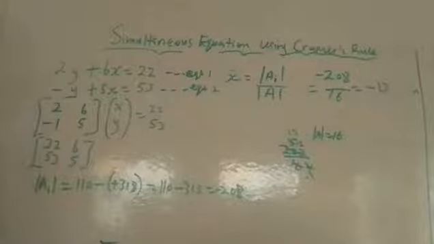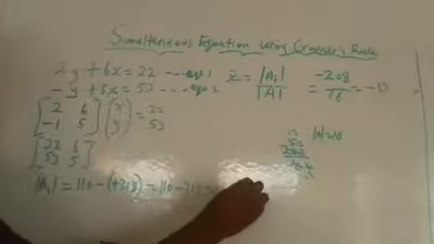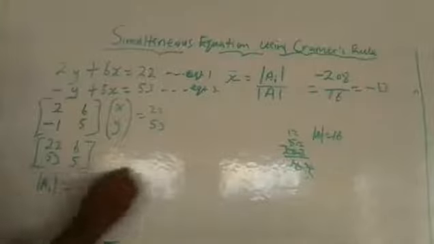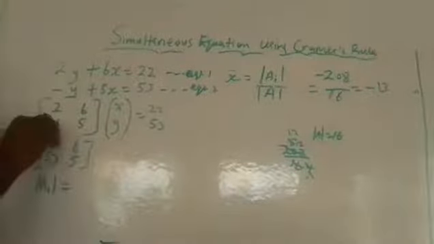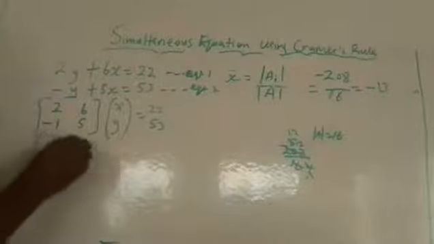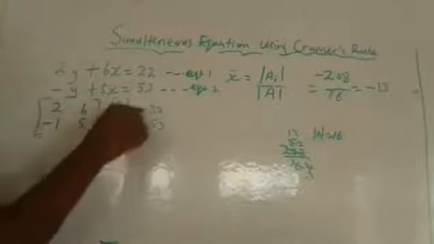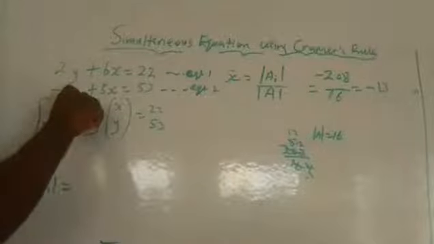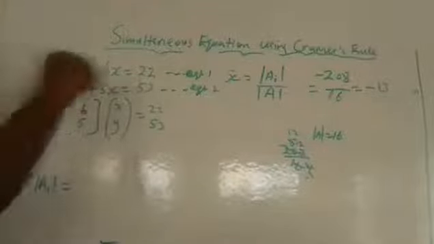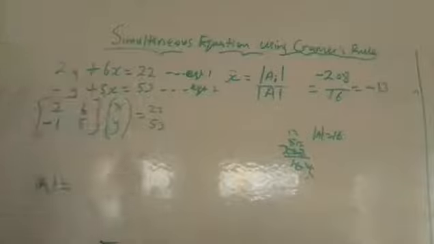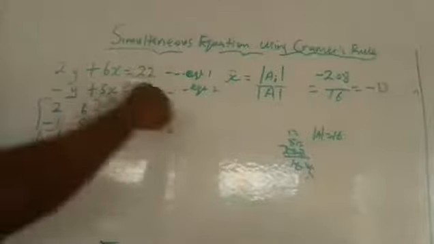Now, let's quickly find the x. If you want to find the x, you will remove the coefficient of x, 6 and 5, and put the constant values back.